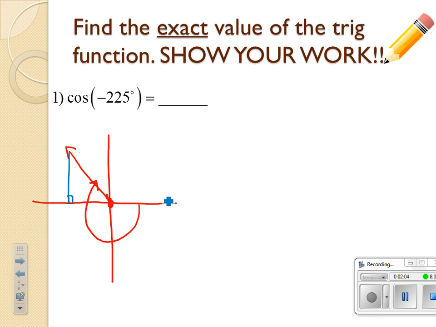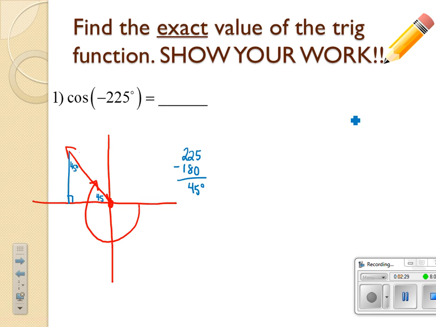Now remember, reference angles have to be less than 90, and it's closest to 180, so we're going to take 225 minus 180, and that's going to give me a 45 degree reference angle. So I have a 45 degree reference angle. Okay, so that means I have a 45, 45, 90 triangle.